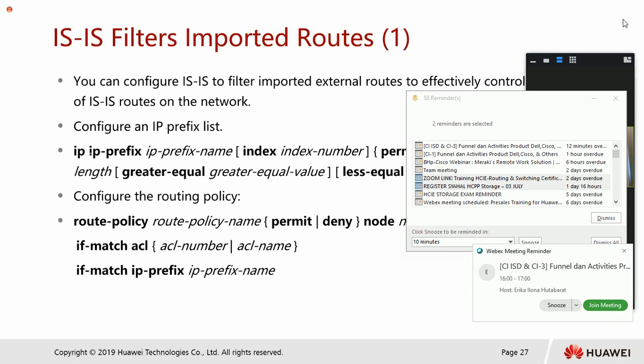They use an IP prefix or route policy, permit node, if-match ACL or if-match IP prefix, so there are two choices. When you import, I'm going to filter the information. The route has been imported into ISIS, and how can I filter this? I can use the filter policy with an ACL or an IP prefix. There are two options in this case.